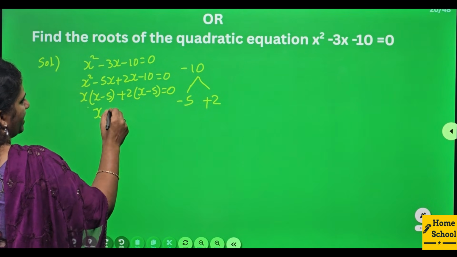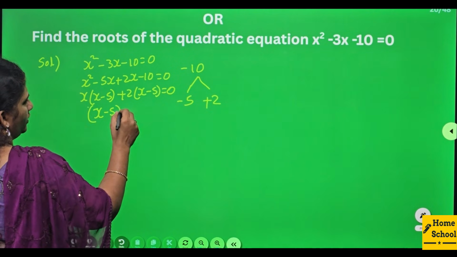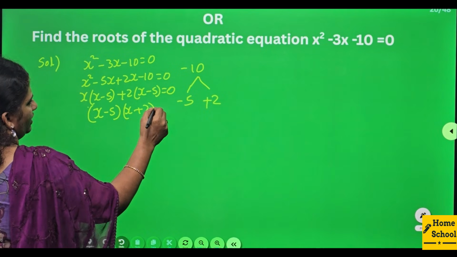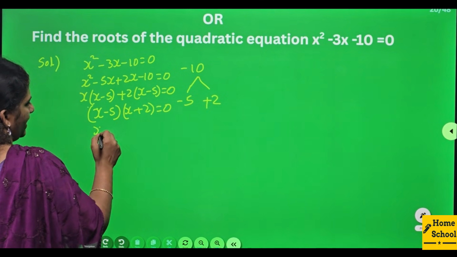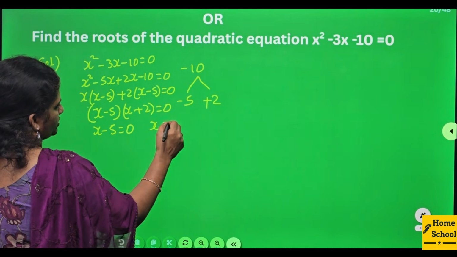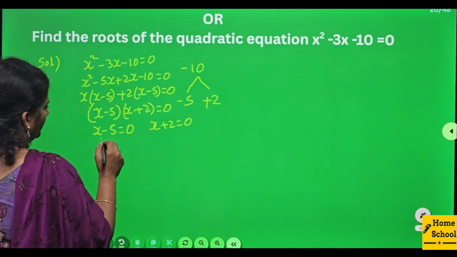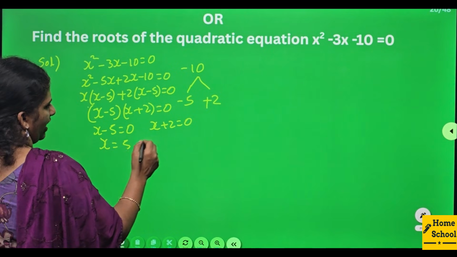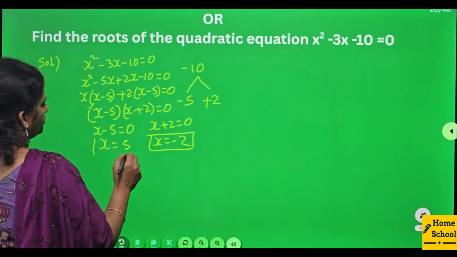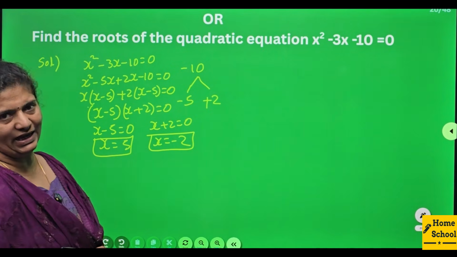Here x minus 5 is common in both. We are left with x plus 2 equal to 0. X minus 5 equal to 0 or x plus 2 equal to 0. That is x is equal to 5, x is equal to minus 2 are the roots of the given quadratic equation.